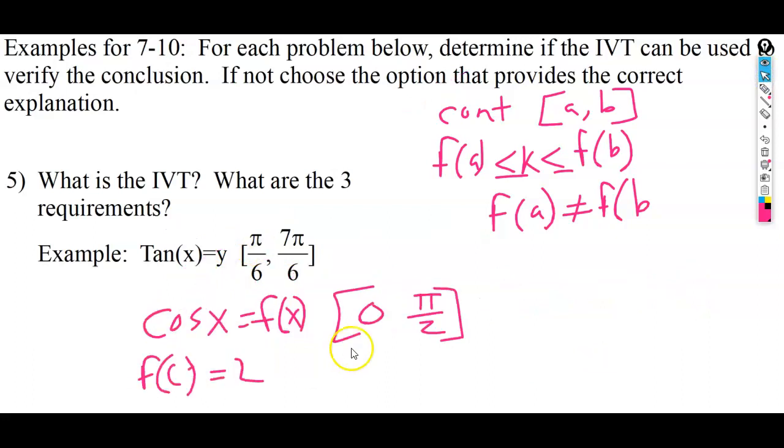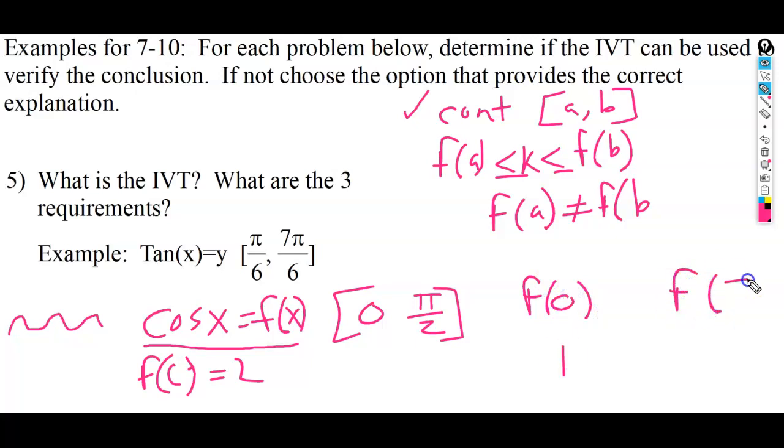Okay, so here's another example of where the IVT cannot apply, but it's for a different reason. Cosine is continuous everywhere. It's just a wave. It never has any holes, gaps, or jumps, so that's fine. Doesn't matter what the interval is. It's always continuous. Let's go ahead and plug in our endpoints. If I were to do f of 0, I would get 1. And if I did f of pi over 2, I'm going to get 0.